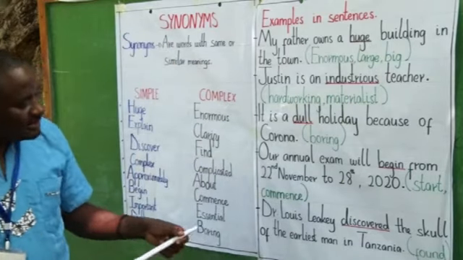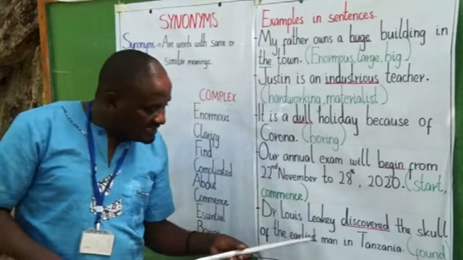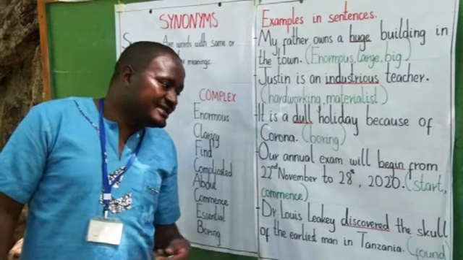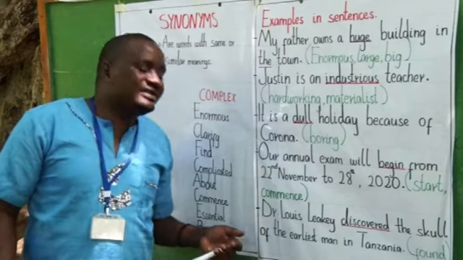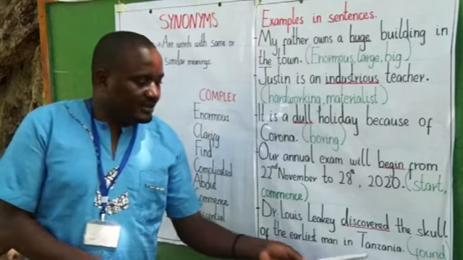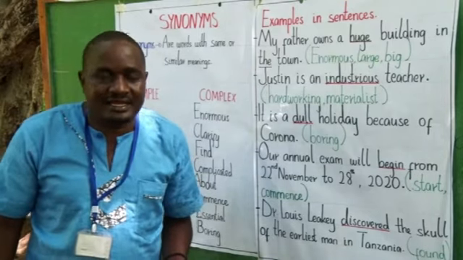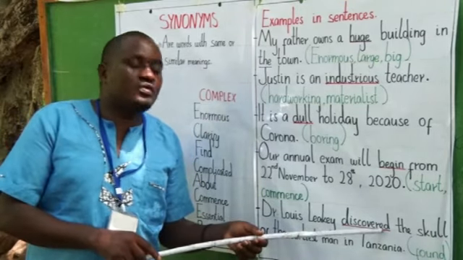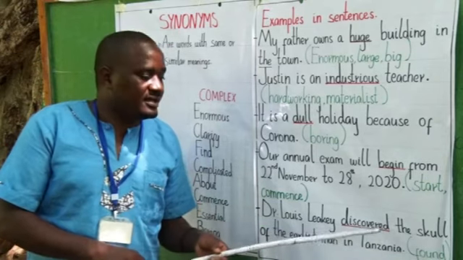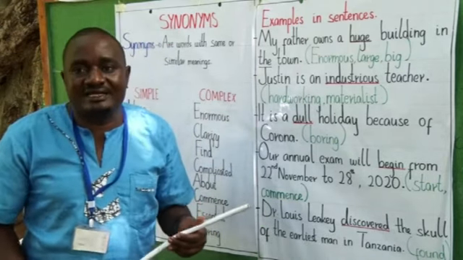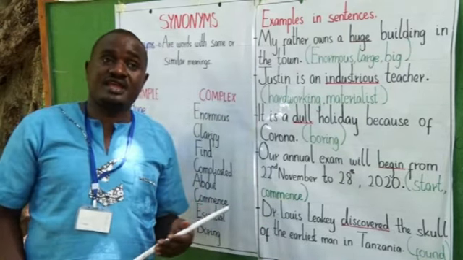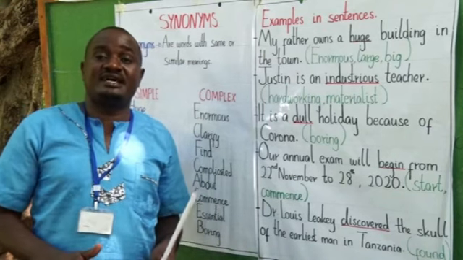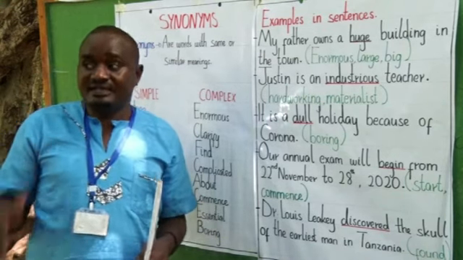Let's take the last but not least. Dr. Louis Leakey discovered the skull of the earliest man in Tanzania. He found the skull of the earliest man. That's why historians say that it is believed that the first man lived in Africa.